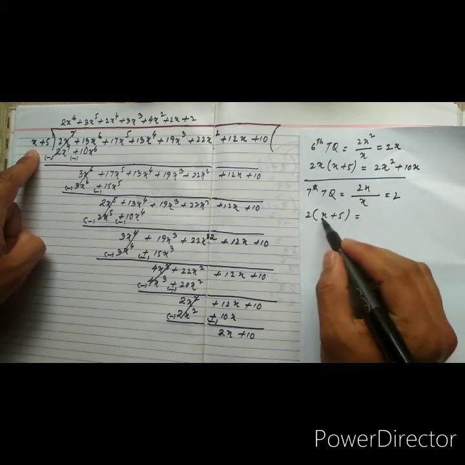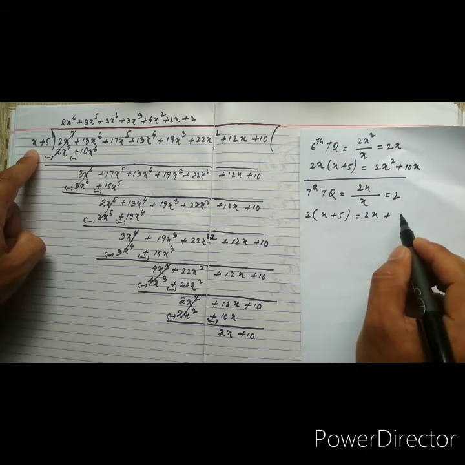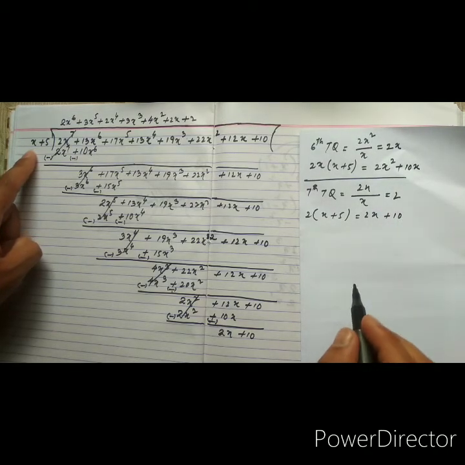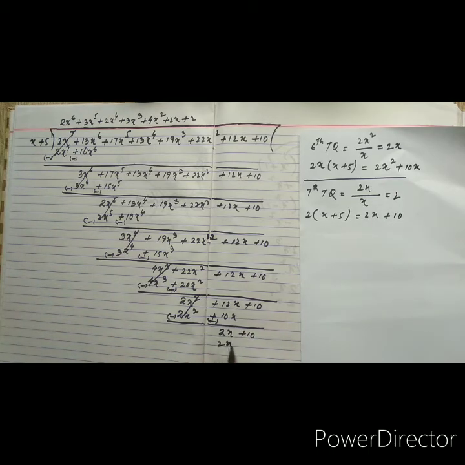So we'll get 2x plus 10. This 2x plus 10 will be written here, then here minus, here also minus. If I subtract this, I'll get 0, here also 0. That means we can cancel in this way. You get 0 here.